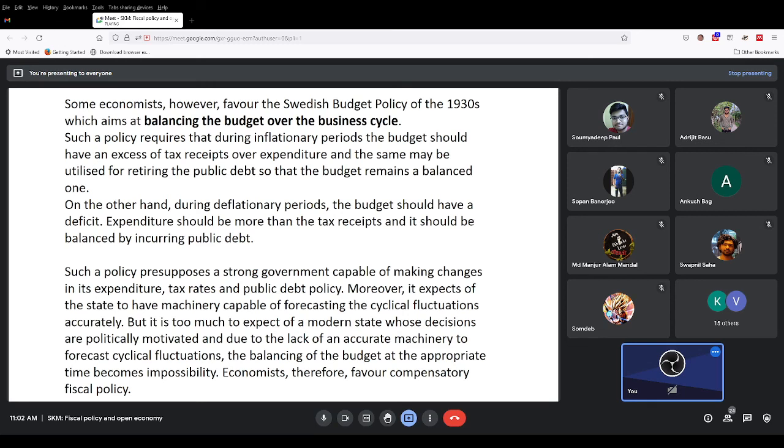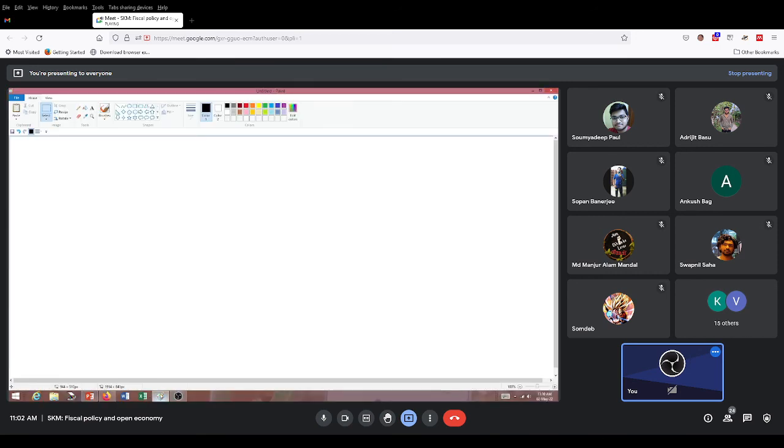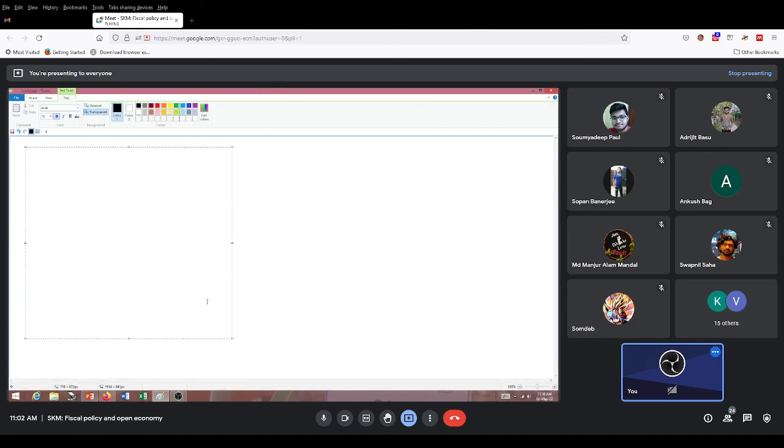If you spend it, sir, aggregate demand will rise. See, let us consider a period like this. Let us say that a budget surplus is 0. The economy enters into boom.